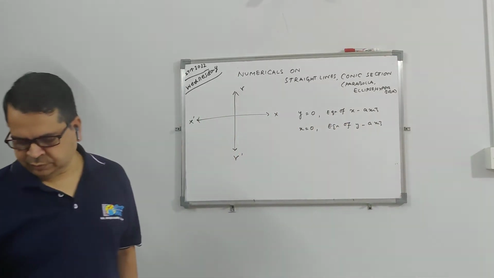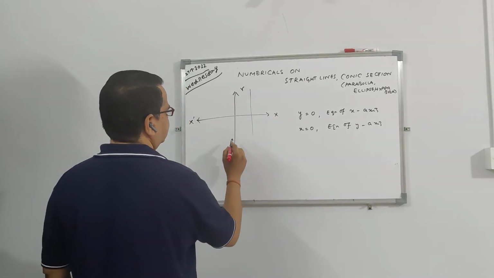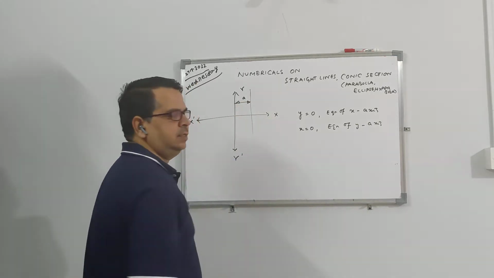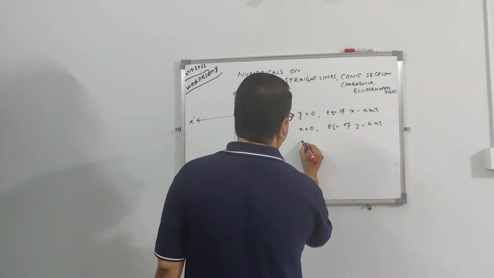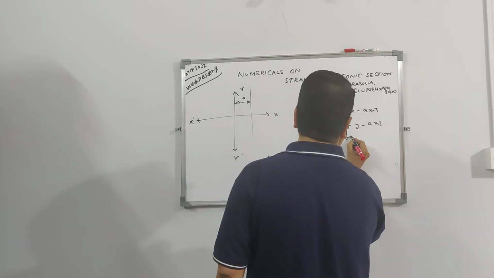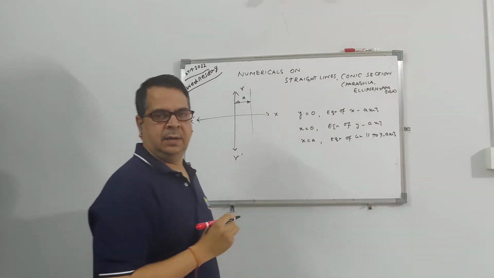Similarly, if you want to draw any line parallel to the y-axis, everywhere the distance is, let us say, a. So x is equal to a is the equation of a line parallel to the y-axis.